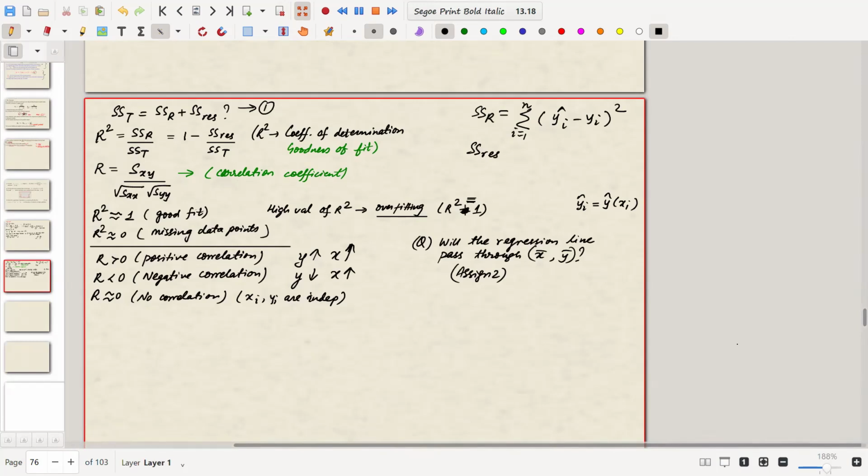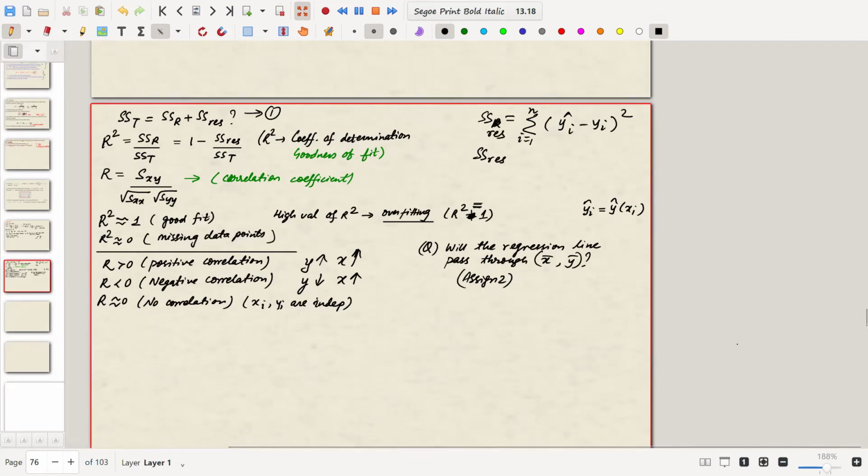I think I made a mistake. This is SS res, the residual, right? What is SSR? Yi cap minus y bar.